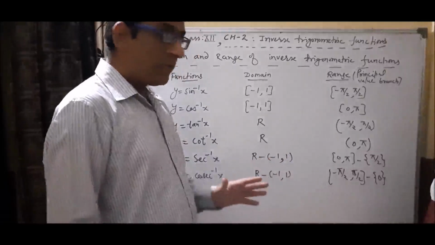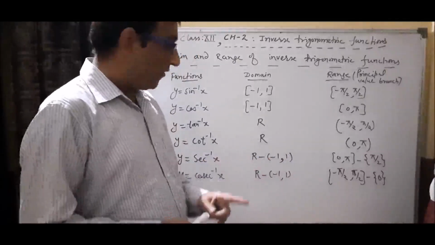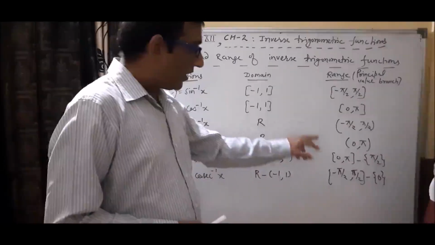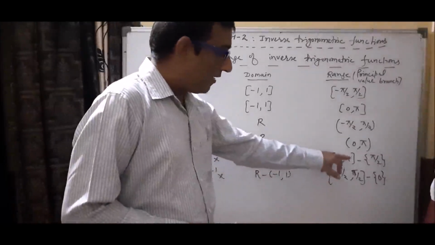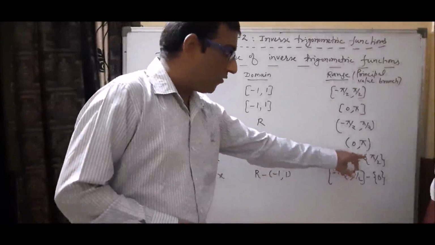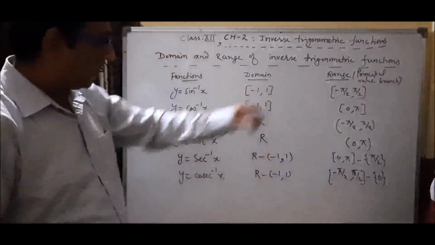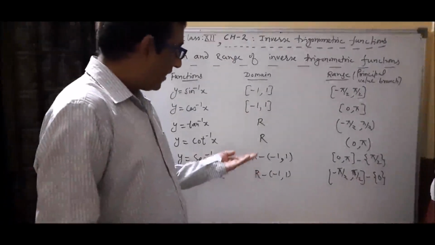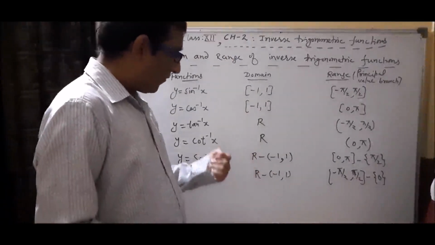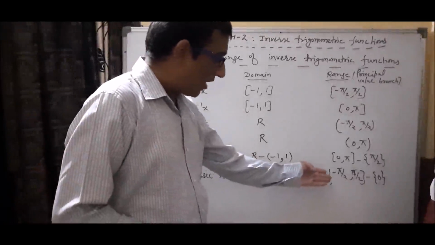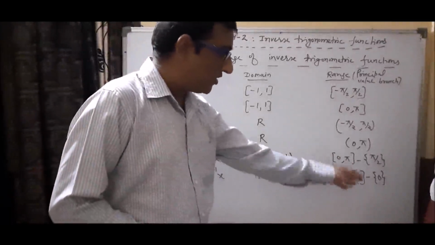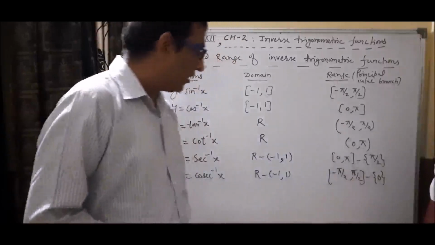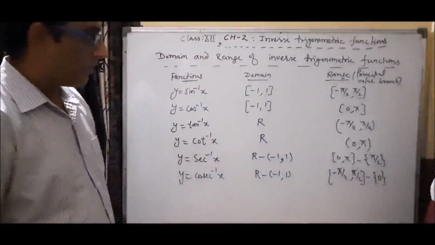It means the values which lie between -1 and 1 we will not take here, they will be deducted from R. And what about the range, that is 0 to π minus π/2, it means we will not include π/2 in range. Same for cosec inverse x, this time again the domain is as sec inverse x and the range is -π/2 to π/2 minus 0, it means in this interval for range we will not include 0.